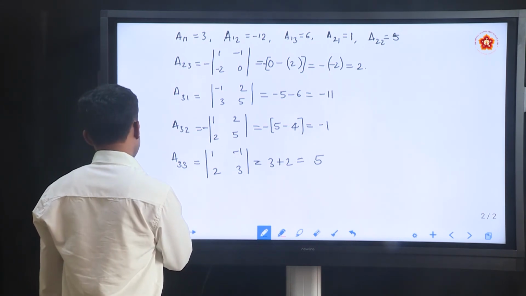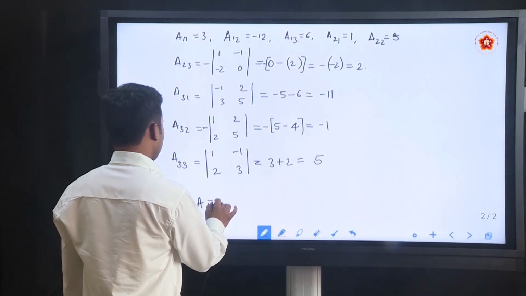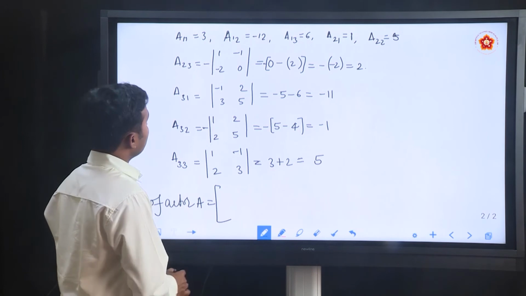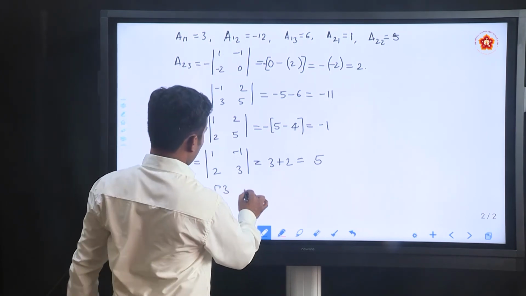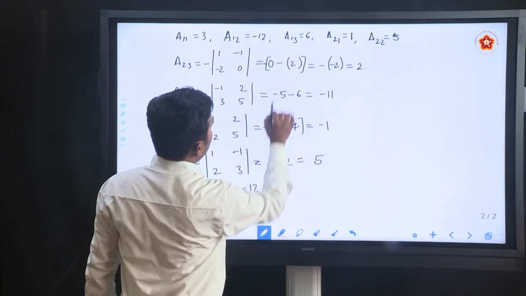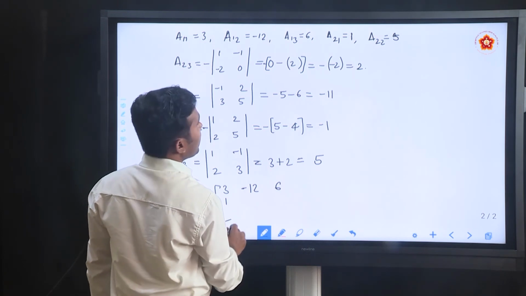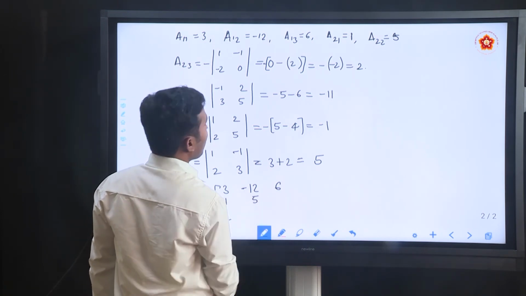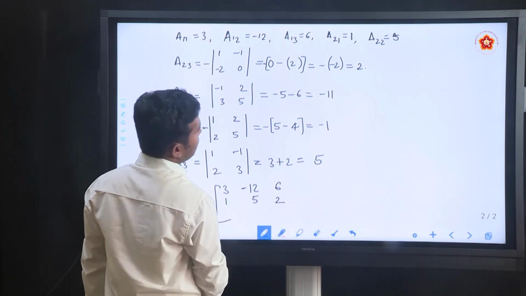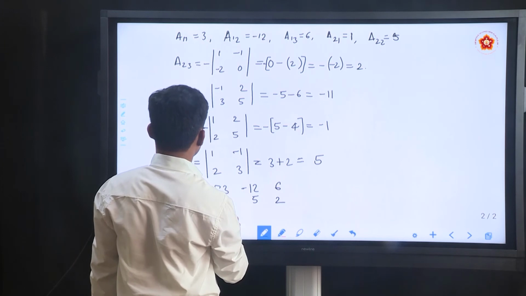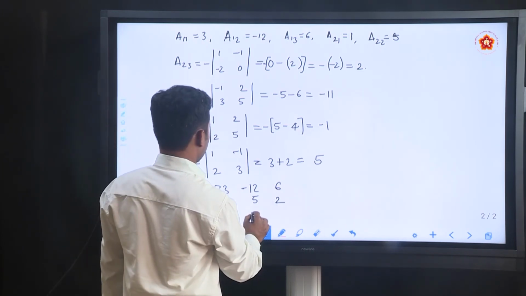So now we have all the elements of the cofactor matrix, and we can write the cofactor matrix. Cofactor of A can be written as, see here, A11 3, A12 minus 12, A13 6, A21 1, A22 5, and A23 2. Next, A31 minus 11. Next, A32 minus 1.